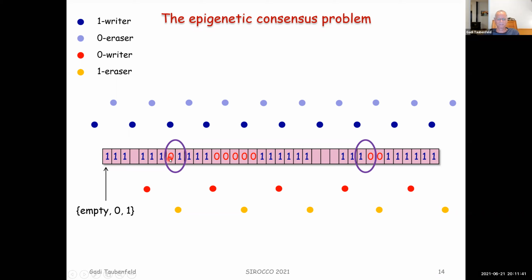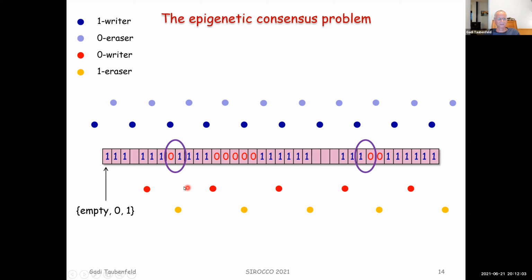So over time, it will converge to the values that the bigger group is trying to write. And obviously, once all the values are the same, the erasers are not able to erase anything, and it's stabilized on this value.